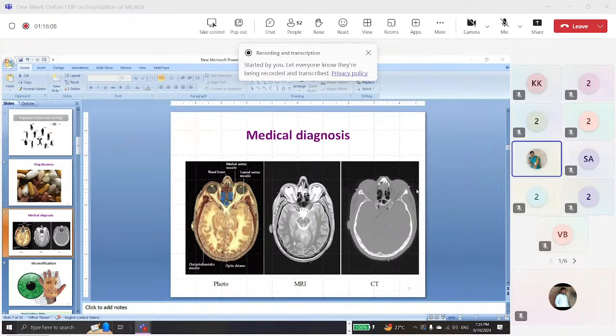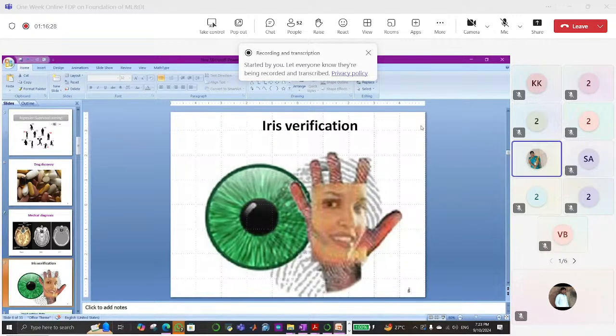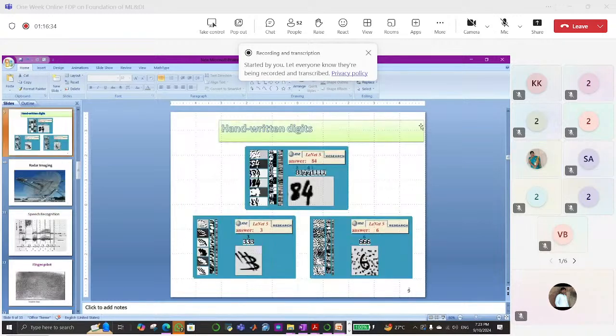So this is the original picture, and the MRI scanning and the CT scanning. Based on these images, applying suitable machine learning algorithms, we can find different diseases also. We can predict early. Next, iris verification. In security applications, we can use iris verification and handwritten digits.